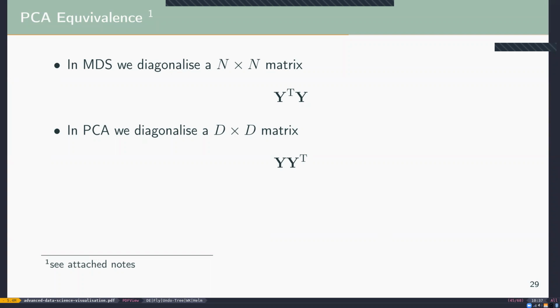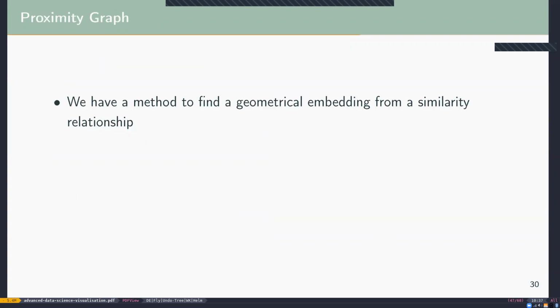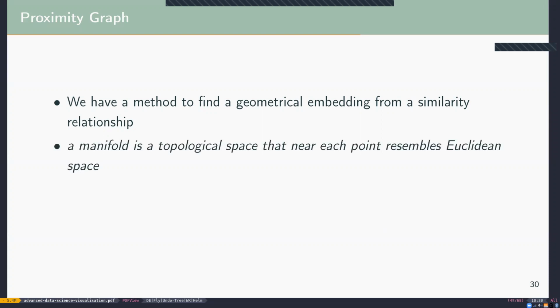So why would I ever want to do this? Well, the reason why you want to do this is that, let's go back to think about the manifold, right? So we have this notion now that I can take a similarity measure, and then we can get the geometrical embedding from this.